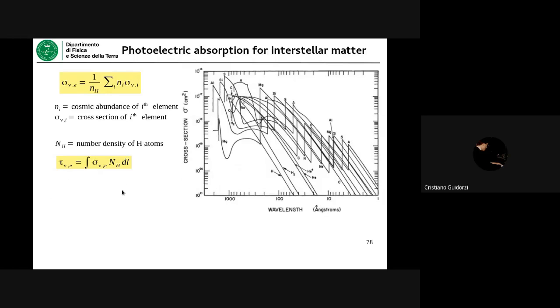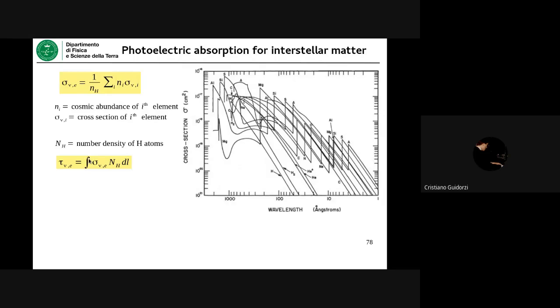So all this is to emphasize the fact that when you know, in a given region in which you have a source of photons and in which photons can get absorbed through the photoelectric effect, the number density of hydrogen atoms, you can straight away calculate the corresponding optical depth due to photoelectric absorption.